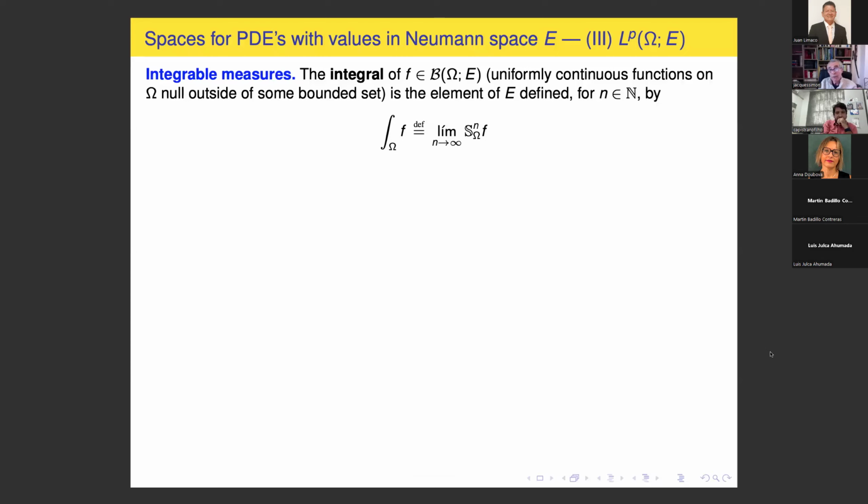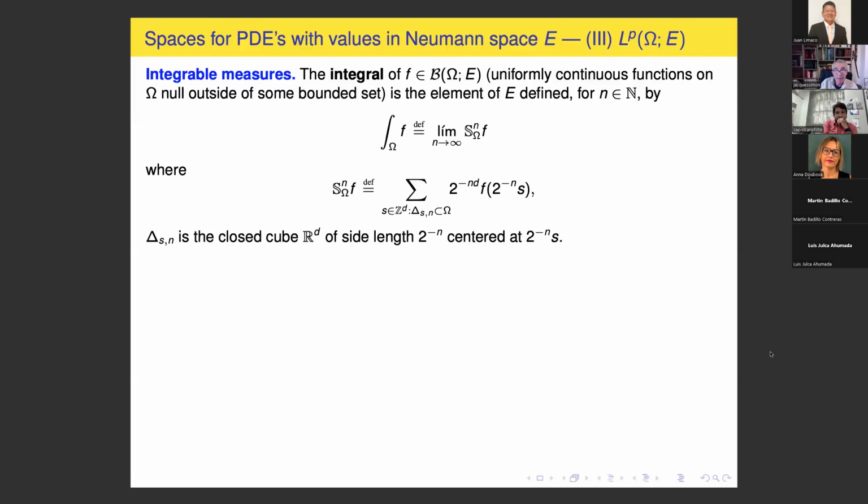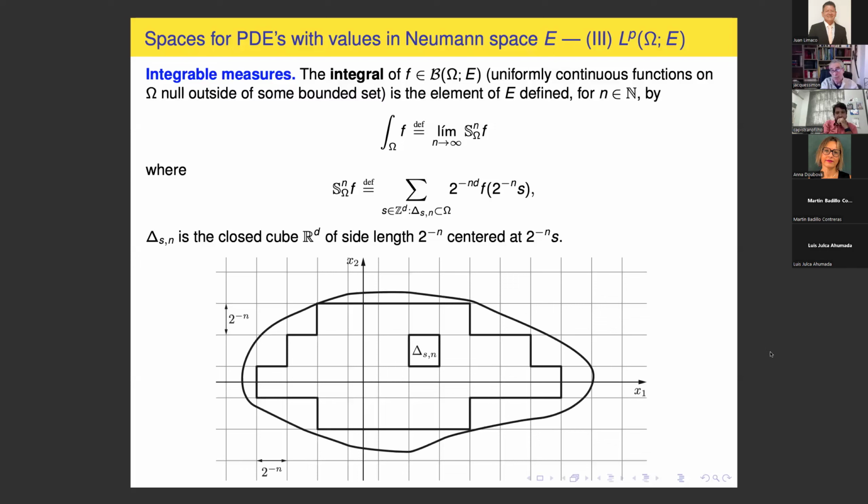And we define the integral as the limit of Sn of f, where Sn of f is obtained by considering a partition of the domain into small cubes, taking the value at the center of each cube, and multiplying it by the measure of every cube. As n goes to infinity, the number of cubes goes to infinity, and it converges. It's easy to see.